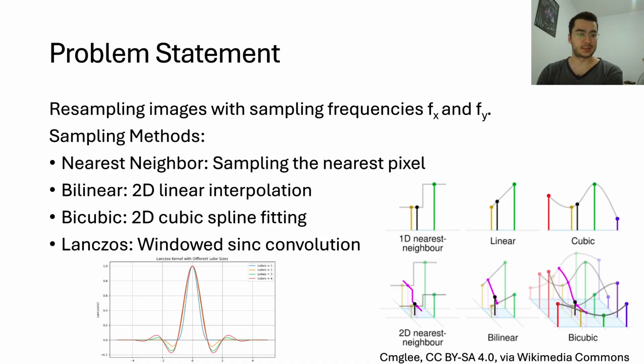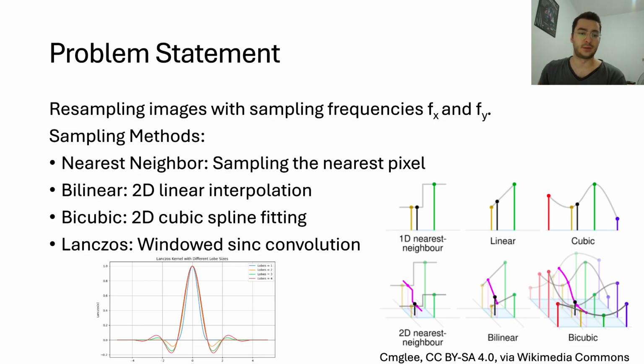And the last is the slowest but results in, in my opinion, the best quality, which is Lanczos interpolation, which uses a windowed sinc convolution kernel. Its graph can be seen like this. This can be used with different kernel sizes.